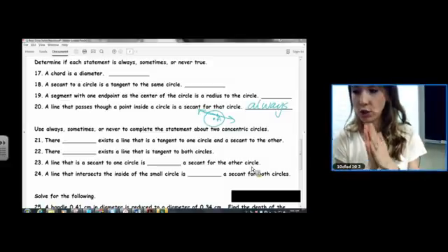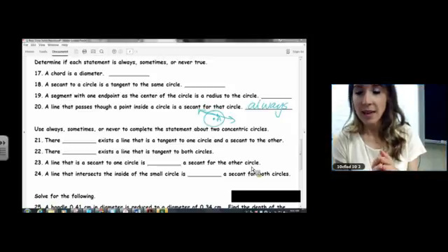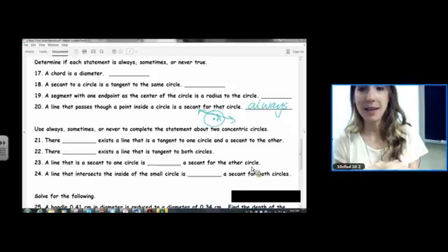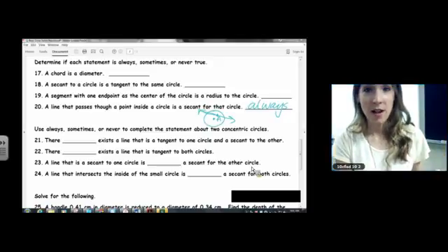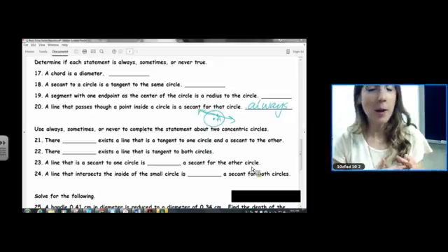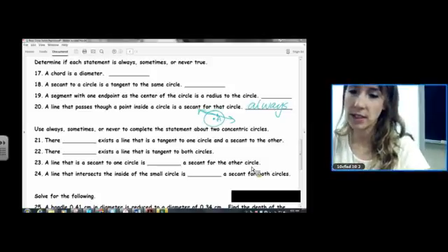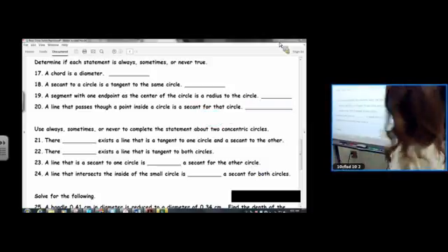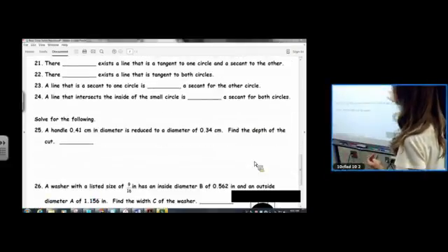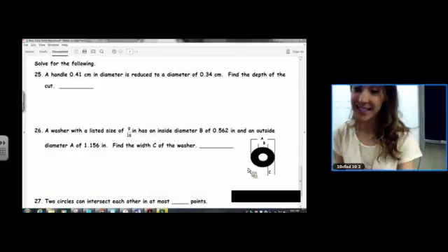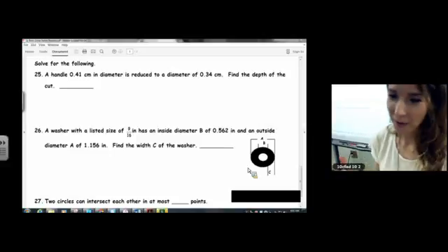If you got sometimes, I want you to draw me a picture. Because every time you write the word sometimes, that means you have a time when it did happen, and you have a time when it didn't happen. So if you want to write sometimes, you better be able to show me a time that it did and a time that it didn't. So show me when it didn't happen. What is that called, by the way? When you show a time that something didn't happen? A blank example? A counter example?